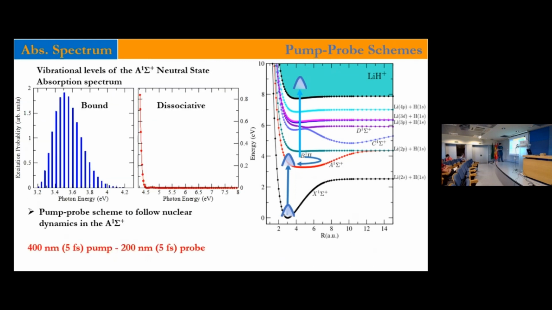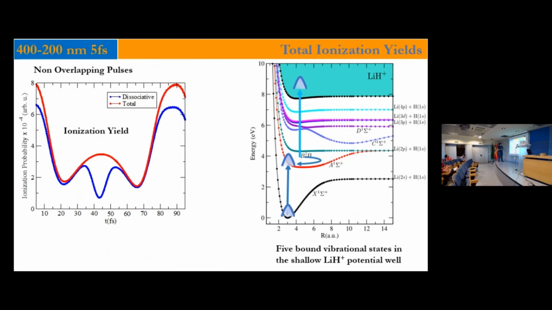So we do that with the time dependent Schrödinger equation for each time delay. The simplest observable that we can calculate is the ionization, the total, which is the red curve, and just the dissociative.